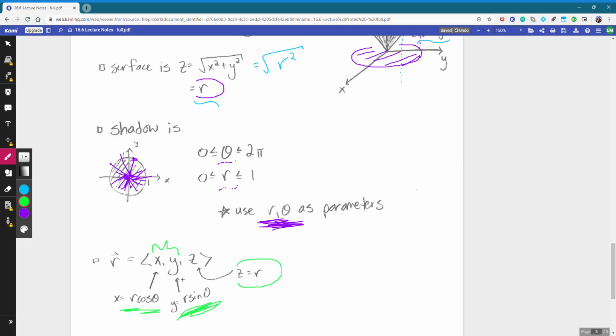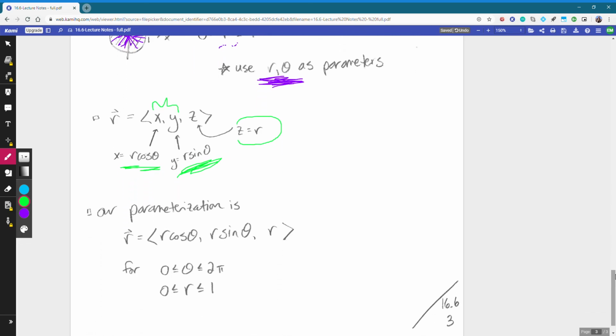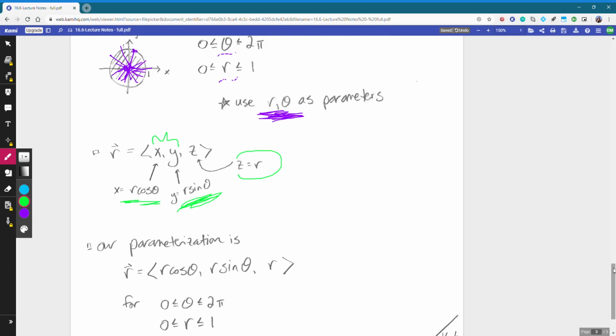That is what writes x and y, these rectangular coordinates, in terms of r and theta. And so just popping all three of those in, we get our parameterization vector function telling us our x, y, and z for a chosen r and theta. And then down here, we have our two-dimensional region for our parameters. And this is just coming from our description of the shadow.